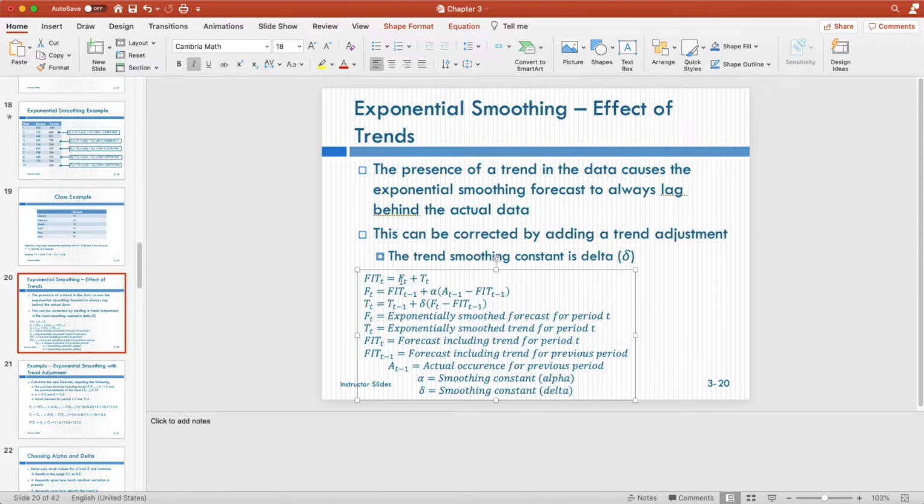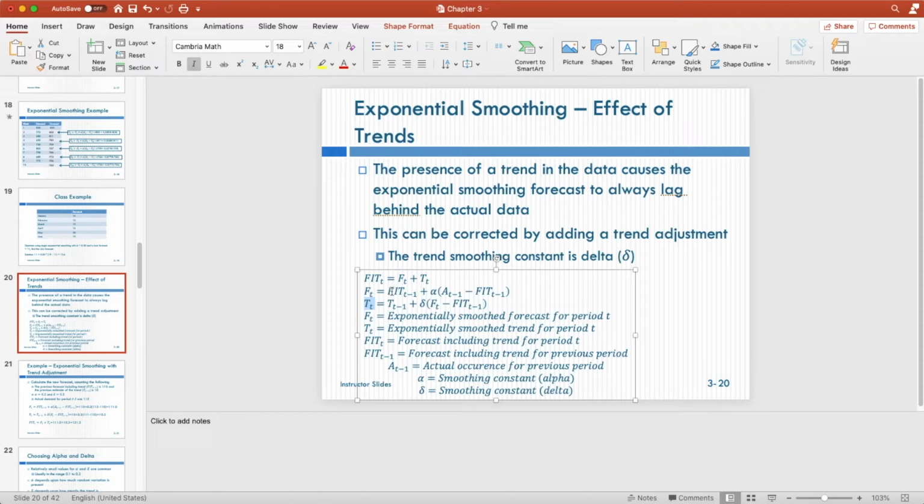But we cannot directly get this result. We first need to calculate F(t) and also T(t). You see these two elements in this equation. So we need to first look at the F(t) value and the T(t) value, before we sum them up to get the FIT at period t.